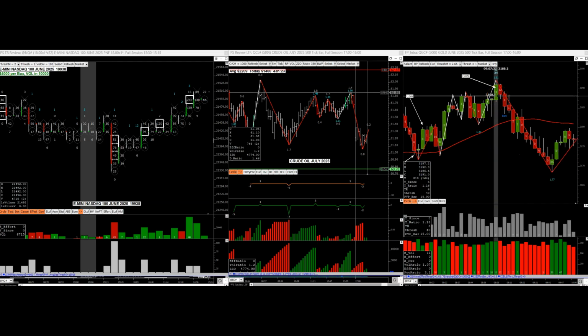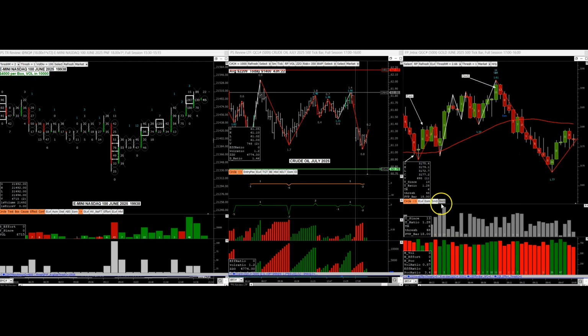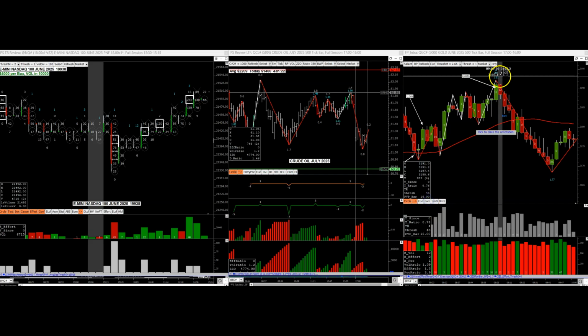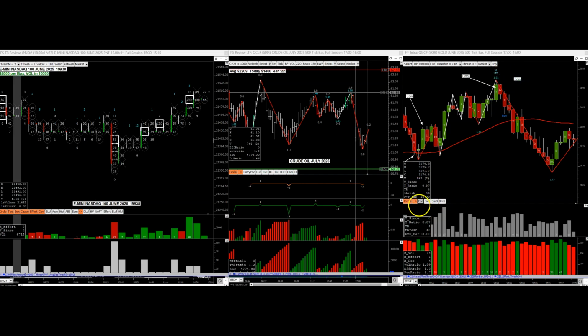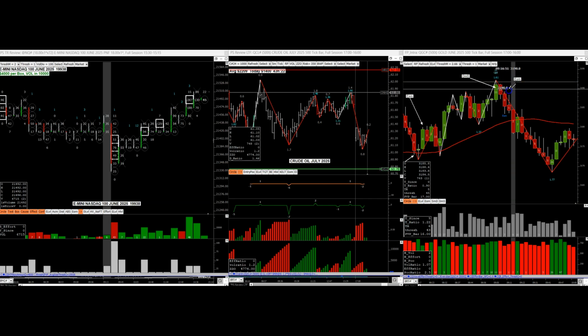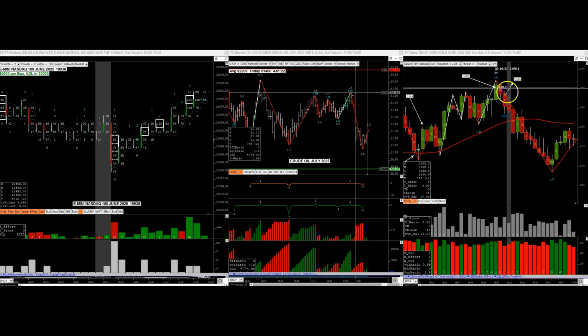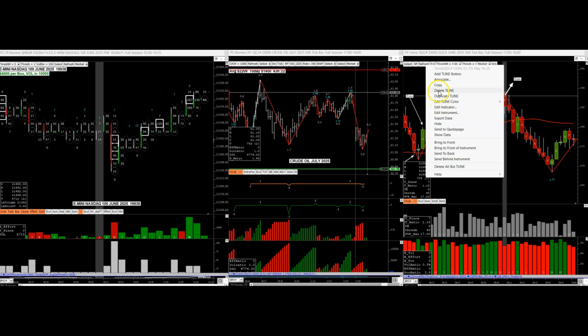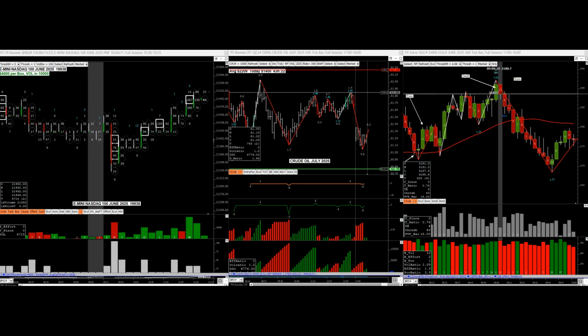Now what's interesting is there's no follow through. Because there's no follow through, we look for ease of movement, which occurs here. Interestingly enough, right after that, you actually had a lot of supply show its hand.